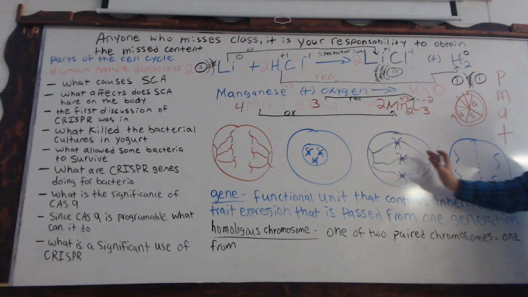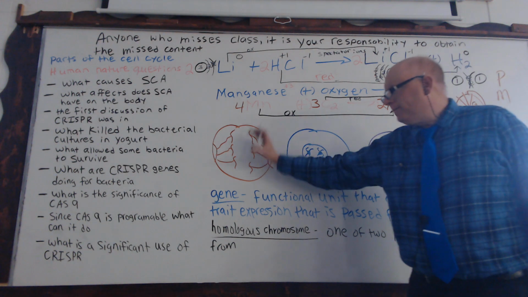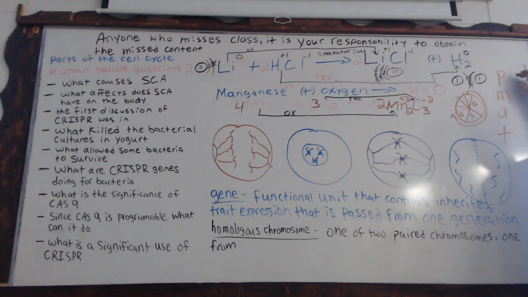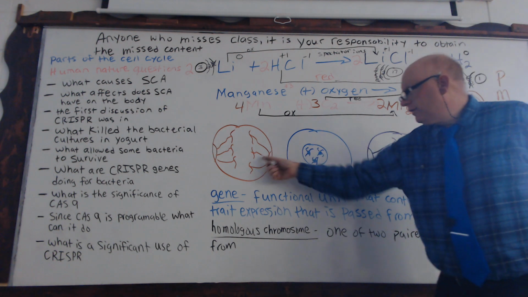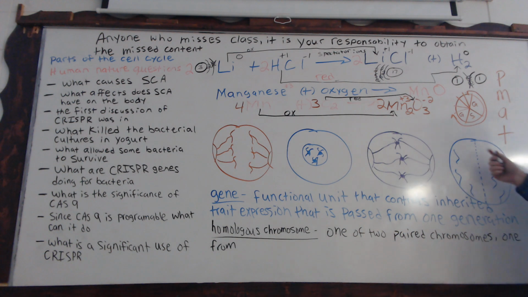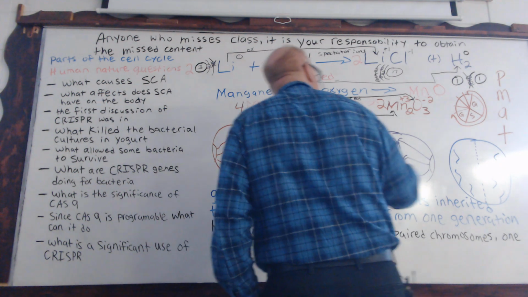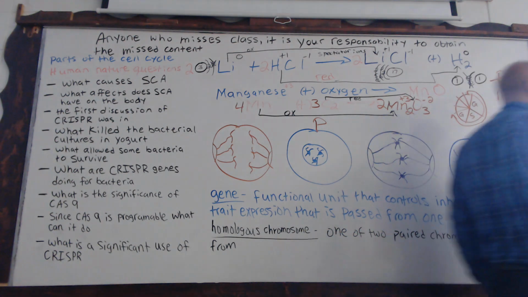So which one of these graphs would be the most likely description of prophase? The first, the second, the third, or the fourth? Yes, this is prophase. Okay, so we can take that off of the list.